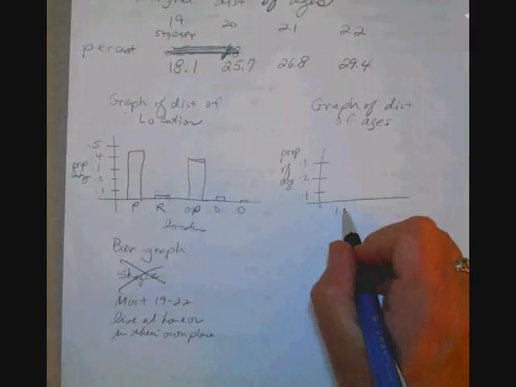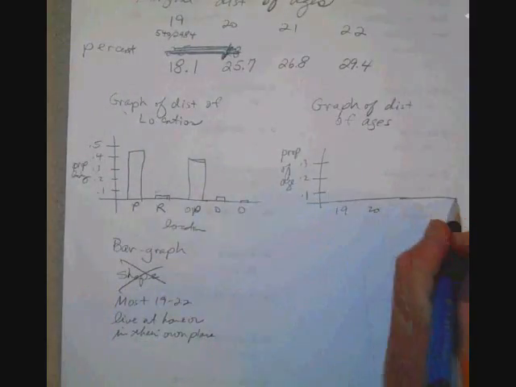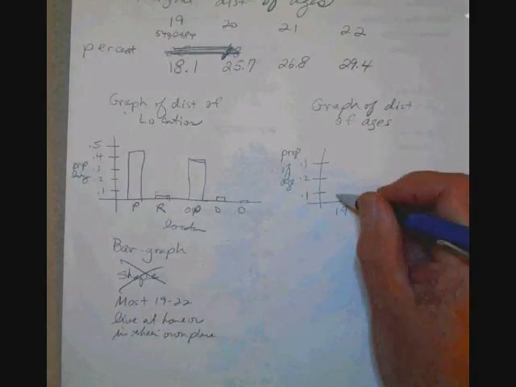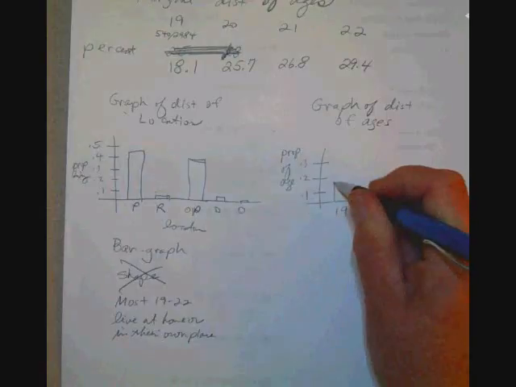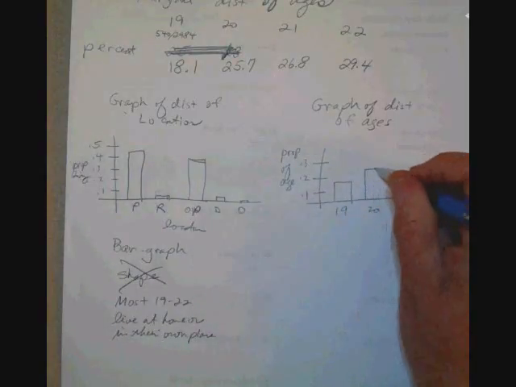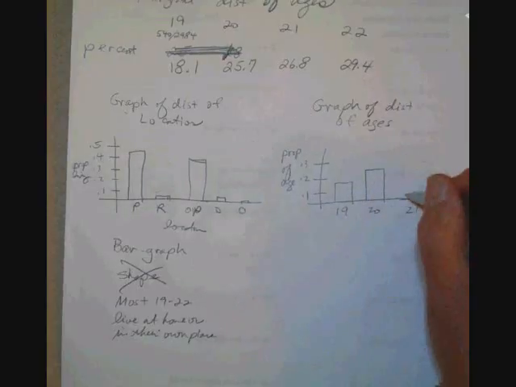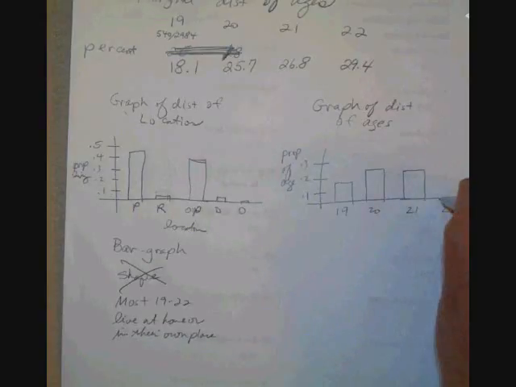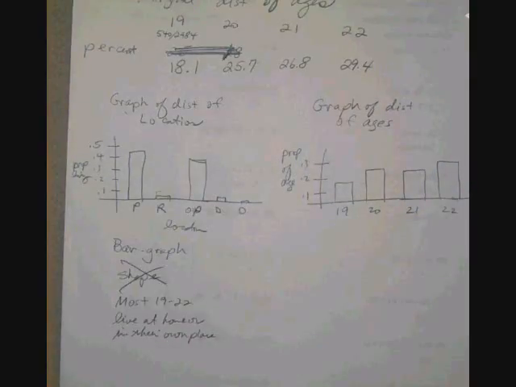And we have 19, 20, 21, and 22. 19 was 18%. 20 is 27 point something. 26 a little bit shorter, not much. And 29 about up to there. This again is a bar graph. Bars don't touch.